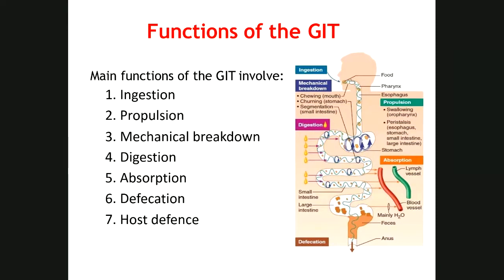some digestive elements, lipases and amylases, which help in the breakdown of lipids and carbohydrates. The beginning of carbohydrate digestion starts in the oral cavity.